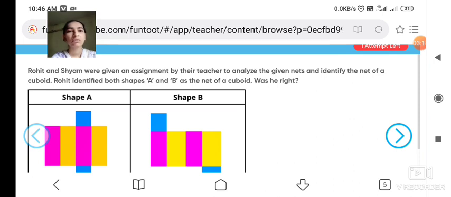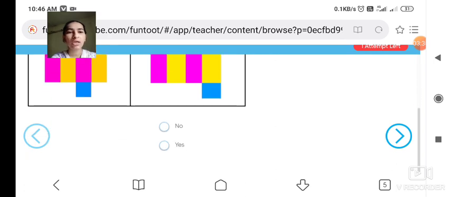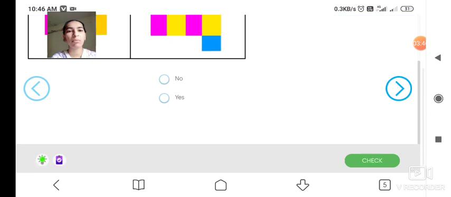With the help of both, can we make a cuboid? If yes, the answer is yes. If we can't make a cuboid, the answer will be no.